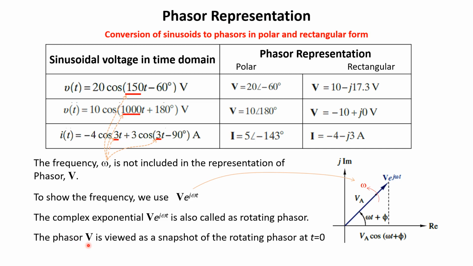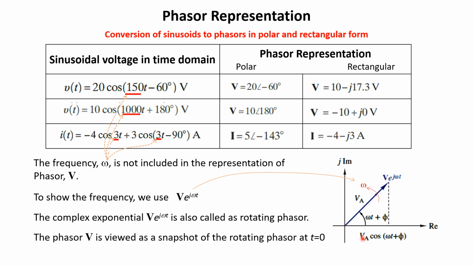The phasor V is viewed as a snapshot of the rotating phasor at t equal to 0. Means if we consider this, say this 120 magnitude, and at t equal to 0, its angle is minus 60. So it will be shown over here at minus 60.